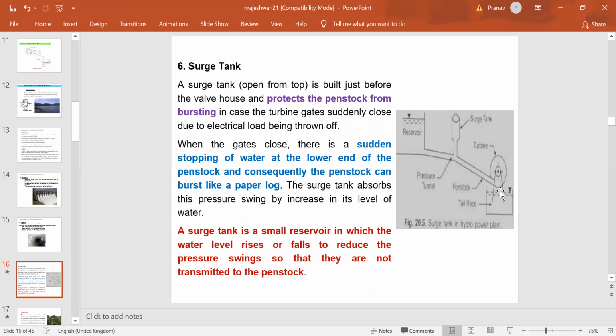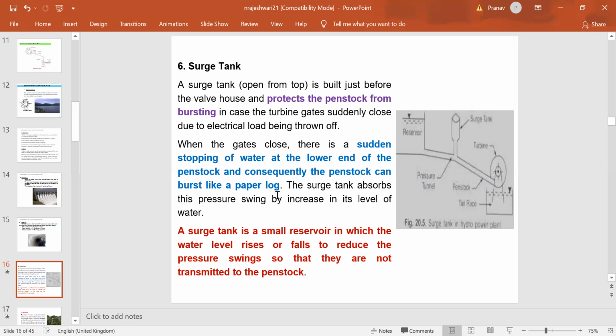So in order to eliminate this, we construct a surge tank, open from the top, built before the valve house to protect the penstock. When the gates close, there is a sudden stopping of water at the lower end of the penstock, and consequently the penstock can burst like a paper log.